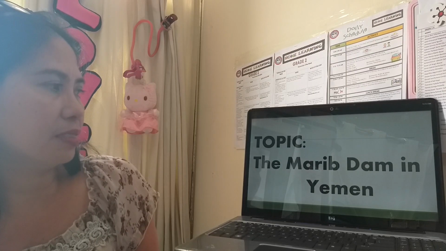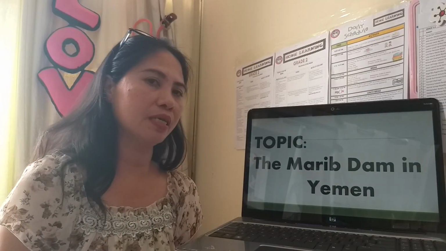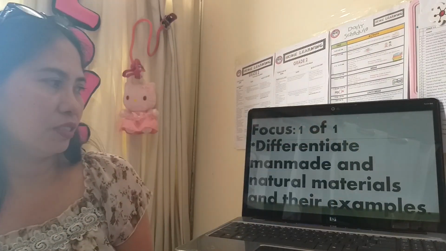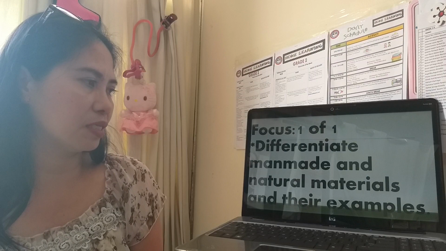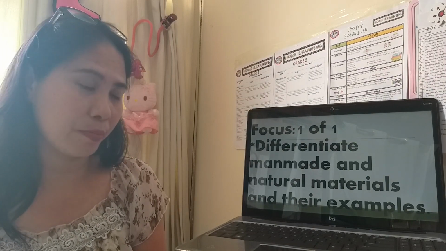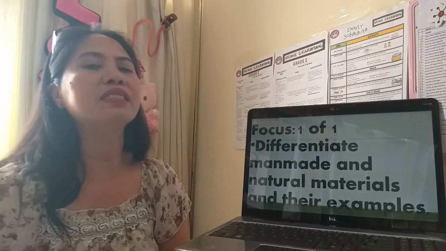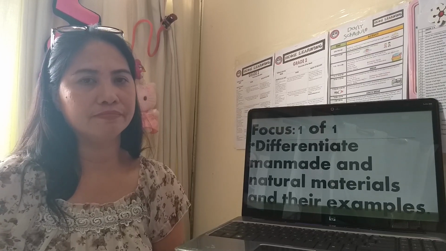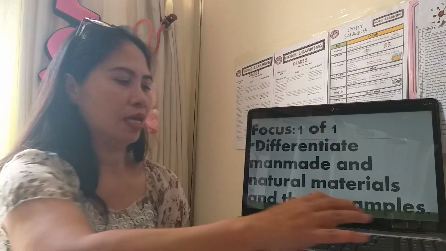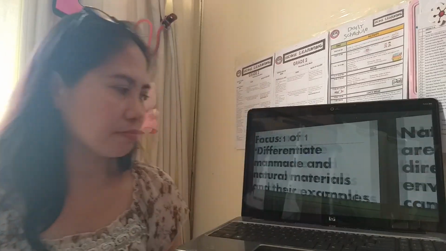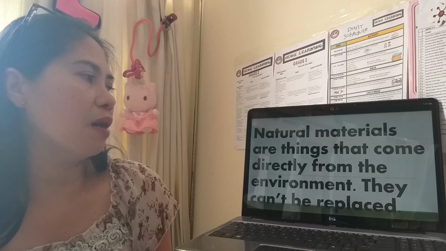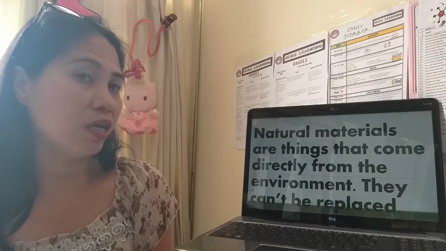Next, our third topic is the Marib Dam in Yemen. Our focus is to differentiate man-made and natural materials and their examples. Who can differentiate natural and man-made materials? Natural materials are things that come directly from the environment.